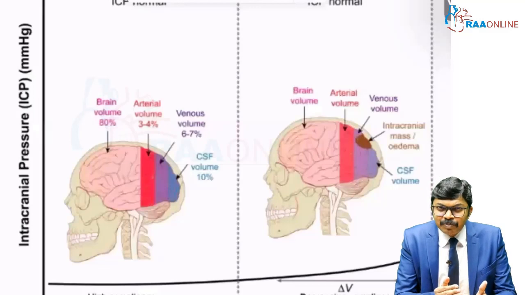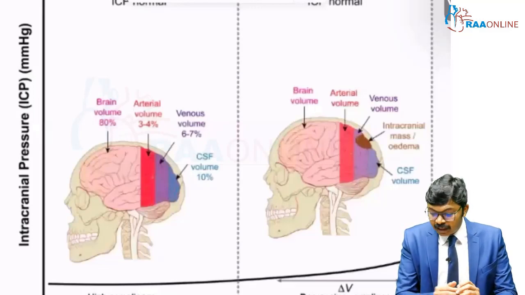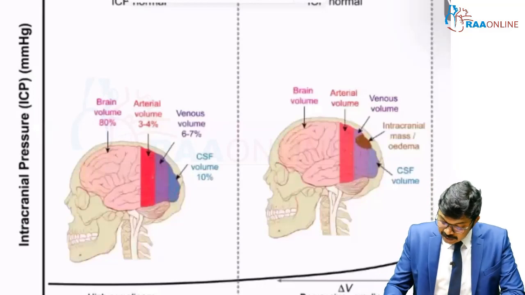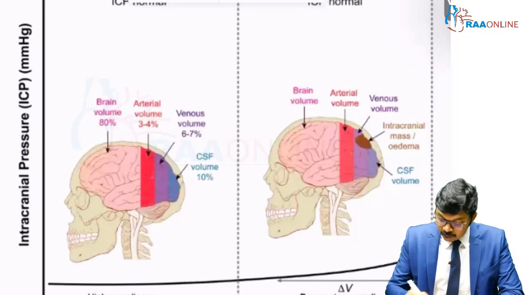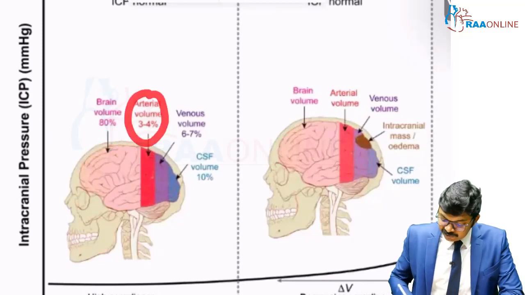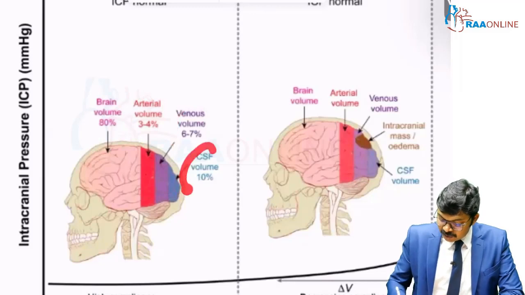So there must be a specific limit within which this intracranial content is maintained. When it comes to intracranial content, guys, 80% is made by brain volume, arterial volume 3 to 4%, venous volume 6 to 7%, CSF volume 10%.